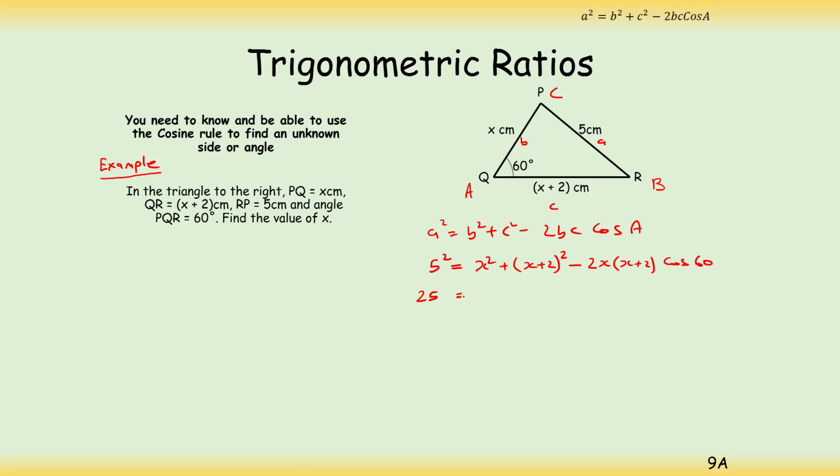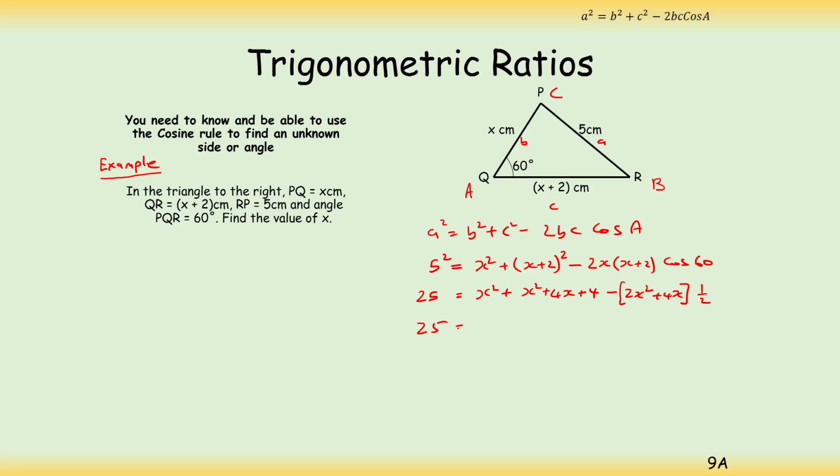25 is equal to x squared plus 4x plus 4, minus, interesting, 2x squared plus 4x, and those are times a half. So let's carry on simplifying.